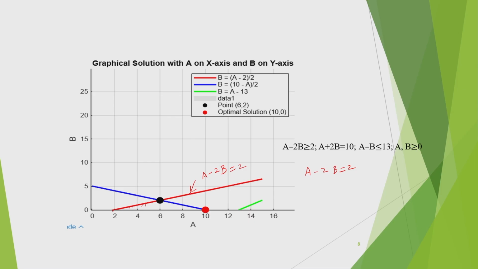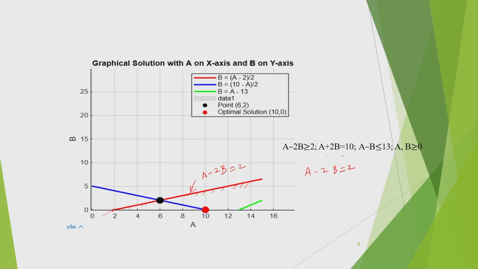And if a is 0, b becomes minus 1. So if you extend it to that side, you will get this line. So on this line a minus 2b, you have to be on this side.